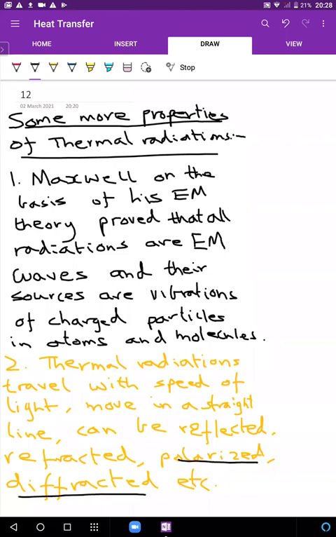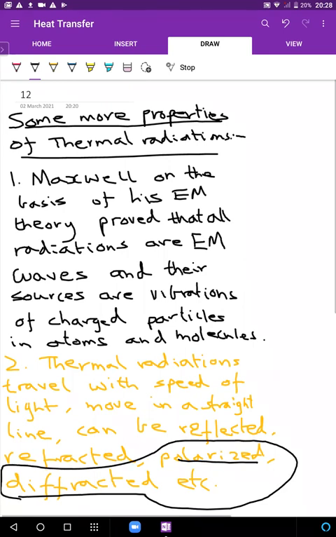Polarized, diffracted, these are things which light undergoes. You're going to learn in wave optics that light can be polarized, light can be diffracted. What I'm saying here is thermal radiations are light. That's it. So if light can be polarized and diffracted, thermal radiations can be polarized and diffracted.